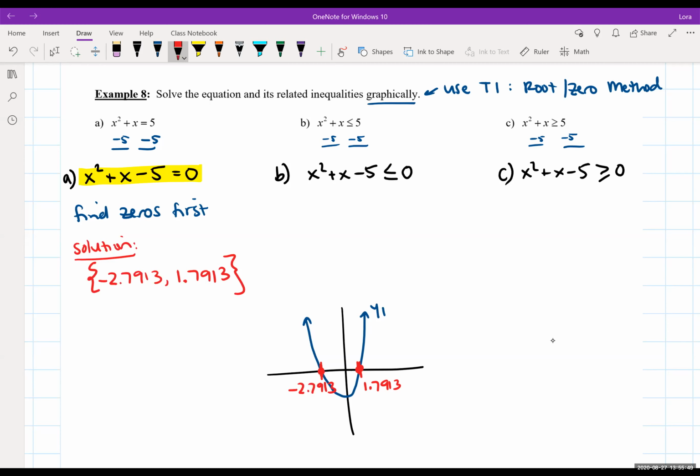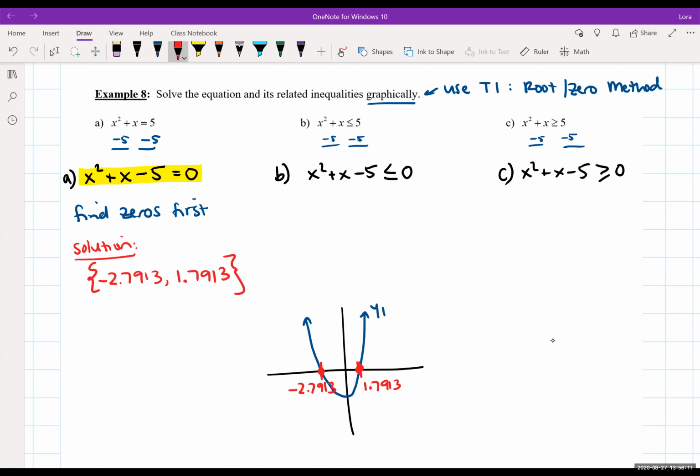Now, as you've probably already done many times in chapter 1 and chapter 2, that's the roughest part in terms of using the TI. The next difficult part would be to interpret the graph that we have drawn for ourselves and see which regions part B is addressing and what region part C is addressing.